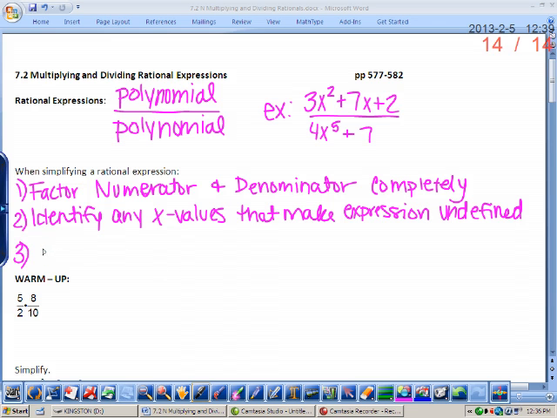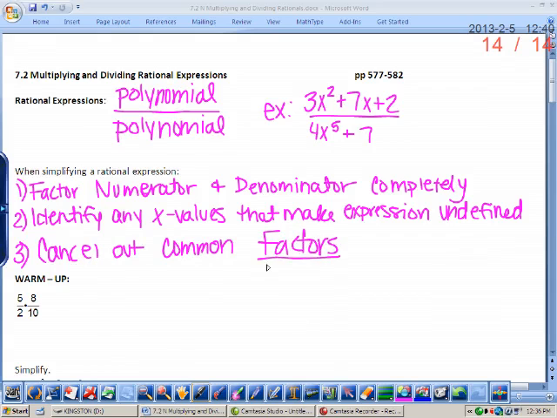And our last step is going to be to cancel out common factors. Now, that word factors is incredibly important. You are only ever allowed to cancel out factors. Factors are the things that multiply together to give you your original expression. You are only allowed to cancel factors.